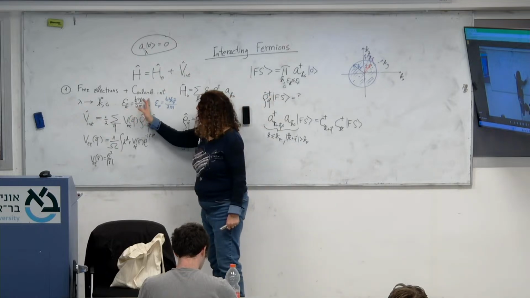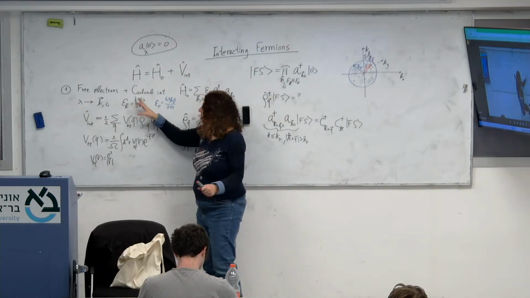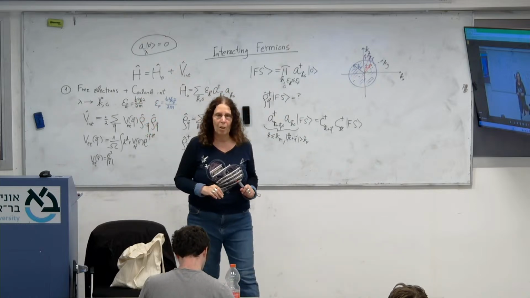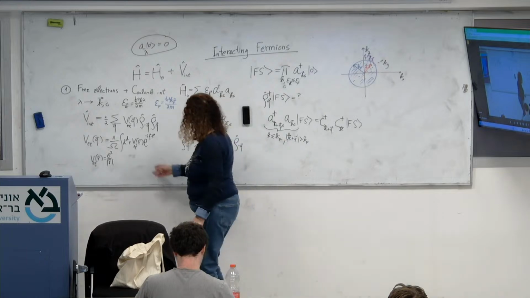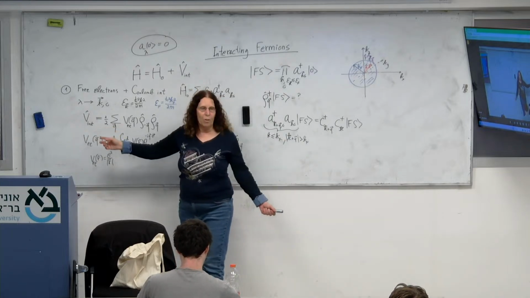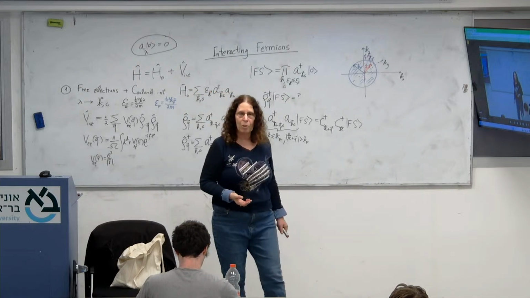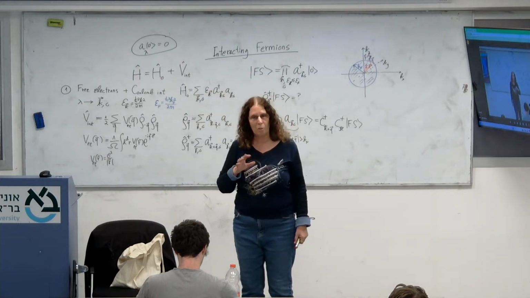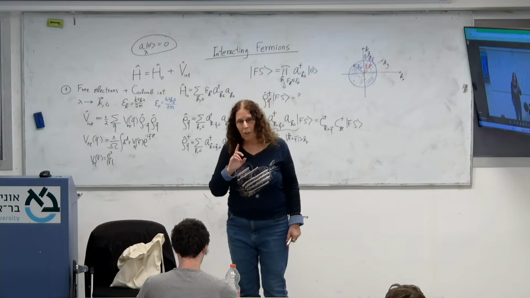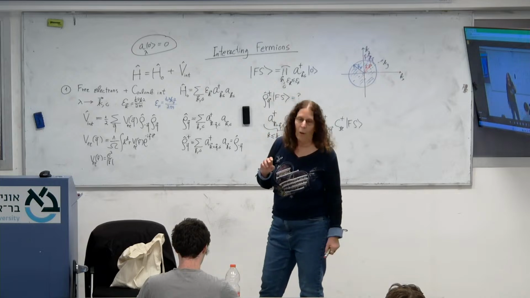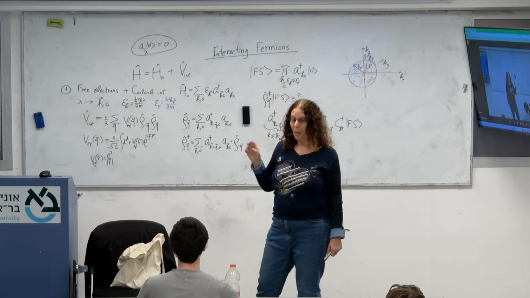We know that metals are very well described by free electrons. It's a good approximation. But there is a Coulomb interaction, right? Because electrons are repelling each other. And the Coulomb interaction is not small. It's actually not trivial to justify why we can neglect it. We'll discuss it later, okay?